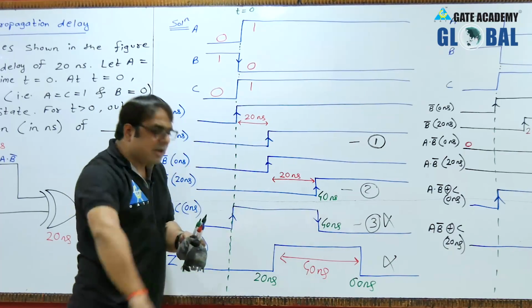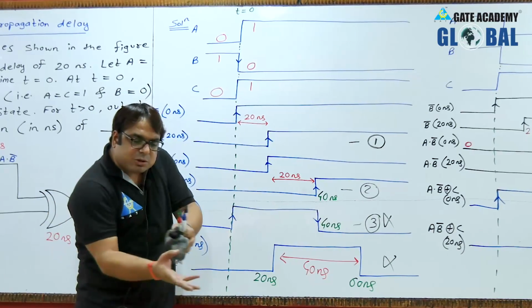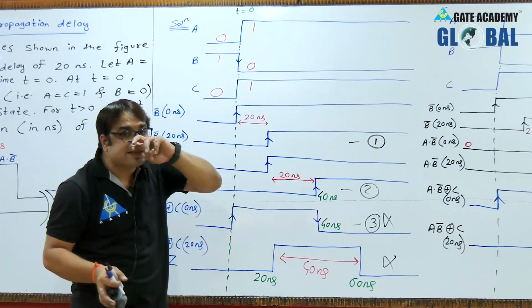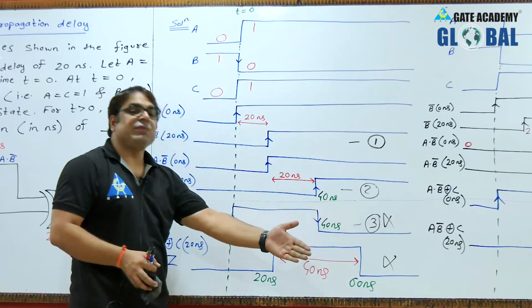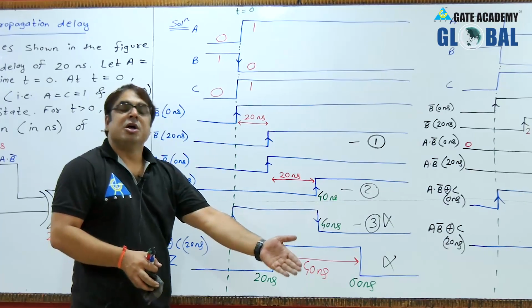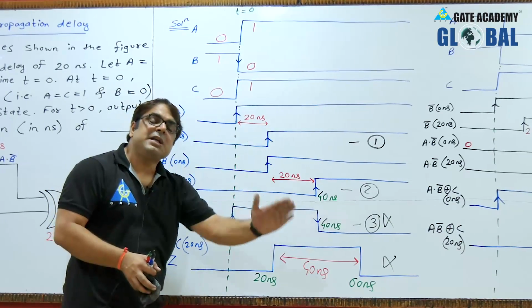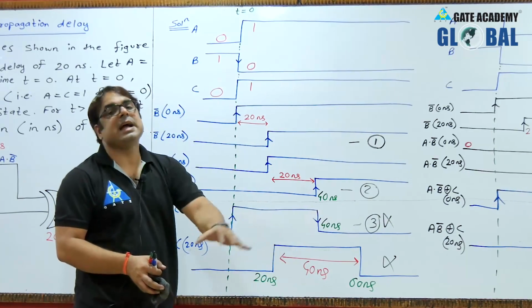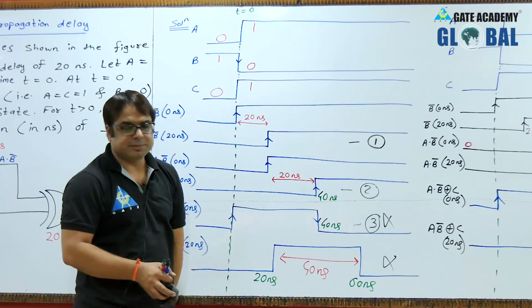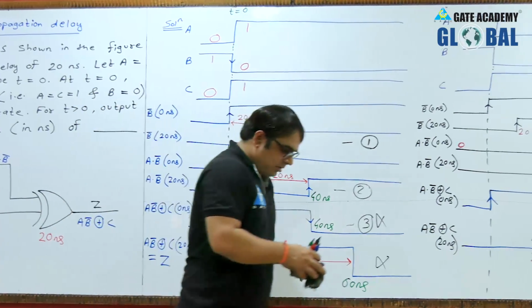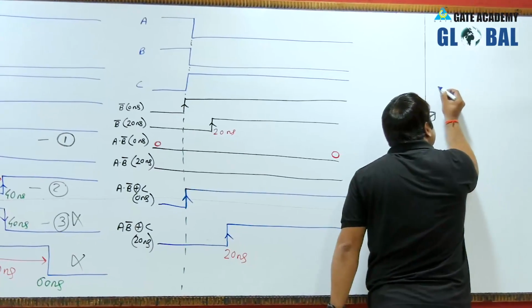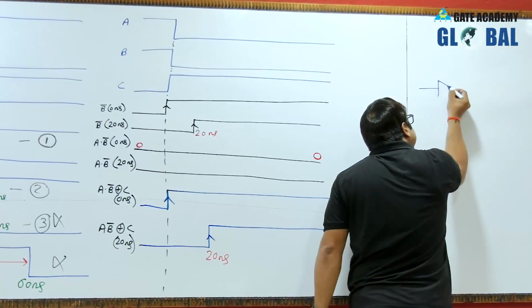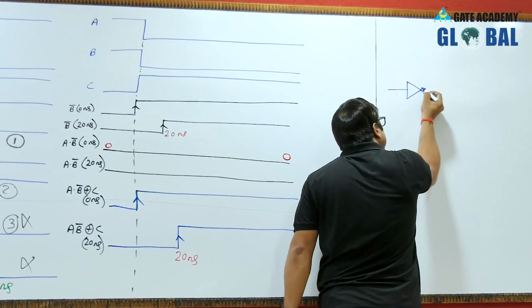So the basic concept or another aspect of propagation delay is that you are making a change in the input, definitely it will make a change in the output. So whenever the output is getting stabilized, that is called the propagation delay. I will tell you with the help of a basic example of a NOT gate, and then I will come back to this circuit also.